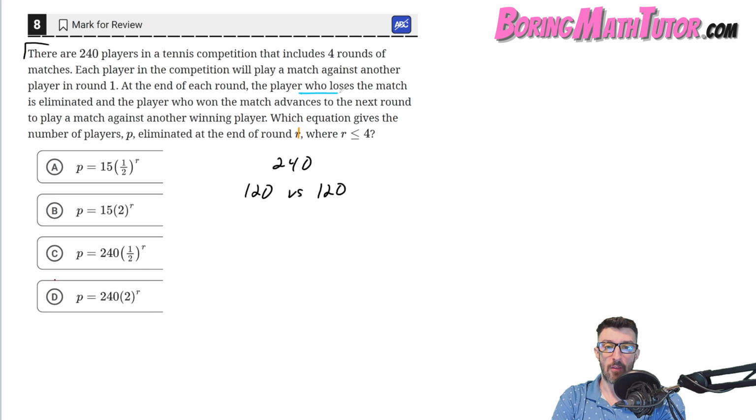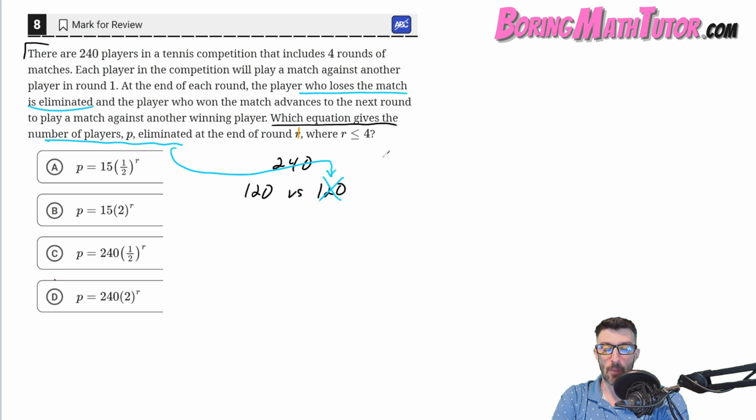But whoever loses the match is going to get eliminated. So that means we're going to have 120 winners, but we're also going to have 120 losers. Those kids are going to get eliminated. And that's what they're asking for. They're asking for the number of players that got eliminated. So they want to know how many losers we got.